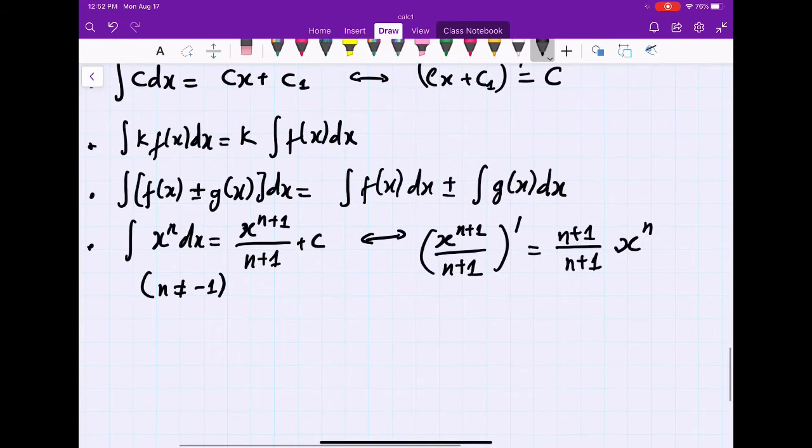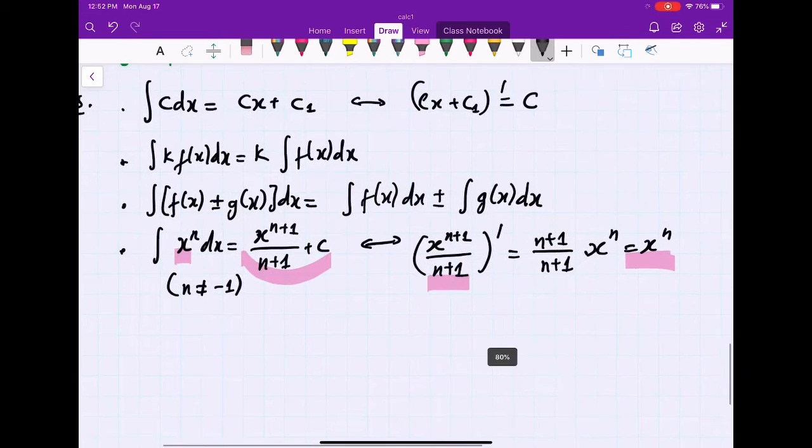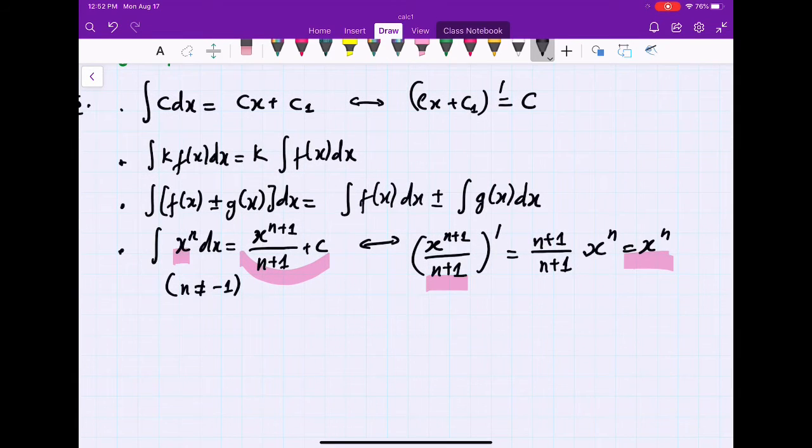You see? And that is nothing but x to the n. That's why this function is the antiderivative of x to the n, plus c. That is one of the most important rules in integration.